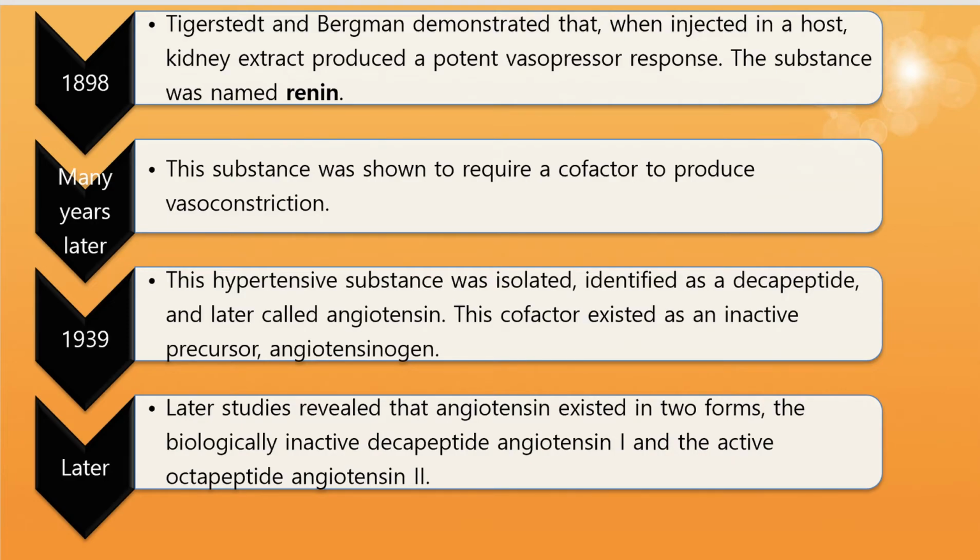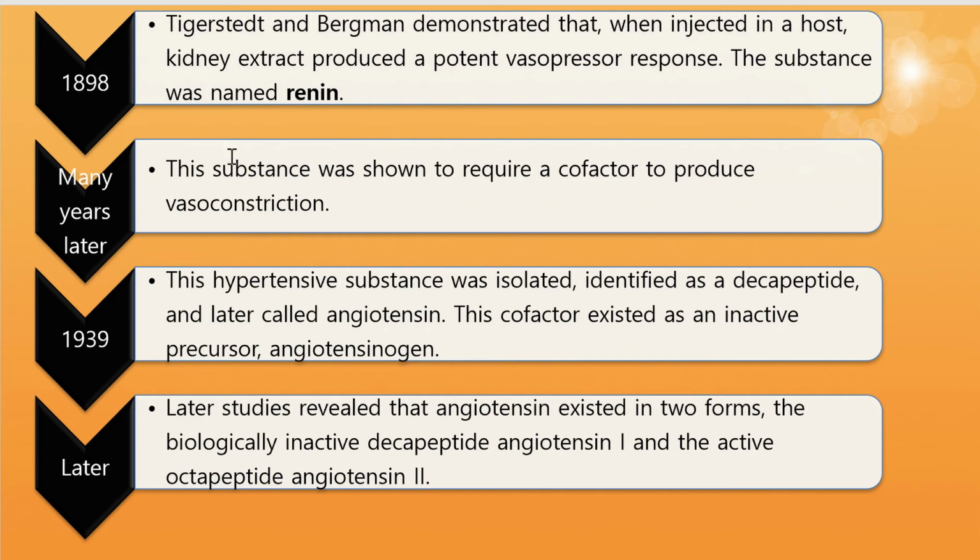All right, so let's go into a little history. So in 1898, two scientists, Tigerstedt and Bergman, demonstrated that when injected in a host, kidney extract produced a potent vasopressor response. The substance was named renin. So that's all the way back in 1898.